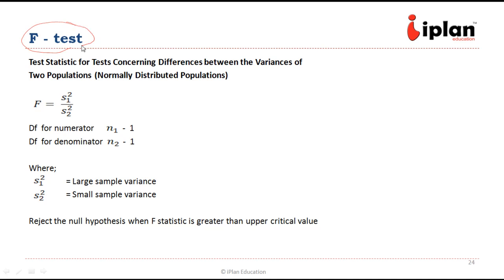For this purpose we have to use the F test. Earlier we were comparing the population variance of one, which was sigma square, with an absolute number. In this case we are comparing the variance of two different populations.